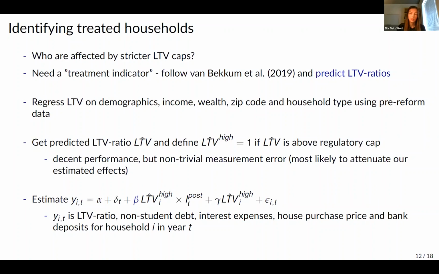We then estimate this equation at the bottom of the slide, where we interact our treatment indicator, LTV hat high, with this dummy variable I post, which is 1 after the regulation. On the left-hand side, we have LTV ratios, non-student debt, which is what we observe, interest expenses, house purchase prices, and bank deposits for a household i in year t. And then the coefficient of interest here is, of course, beta.